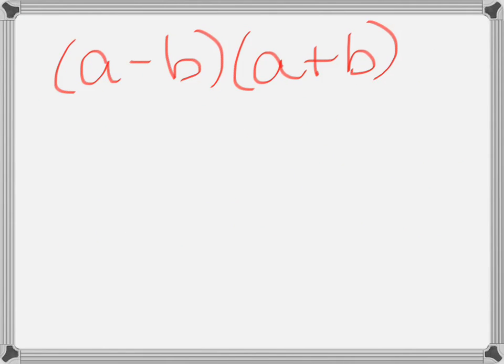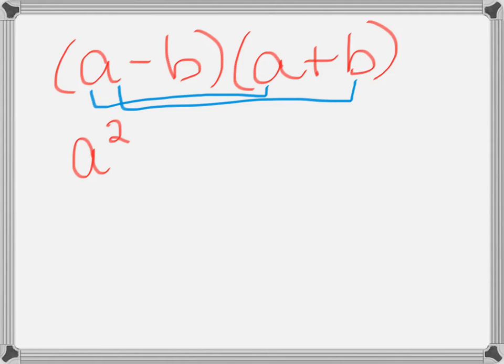Now this one's a special product. These are called conjugates, and we're going to multiply the first term times the second one. They're called conjugates because they look exactly the same, except that the operation in the middle is the opposite. So we're going to multiply a times a, which is going to give me my a squared.